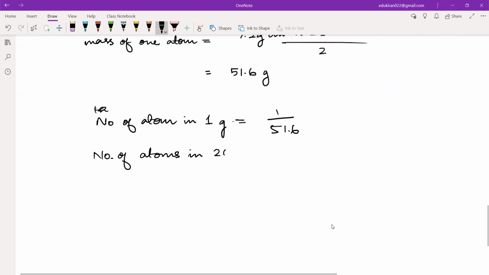Number of atoms in 208 grams is equal to 1 upon 51.6 into 208. Okay.